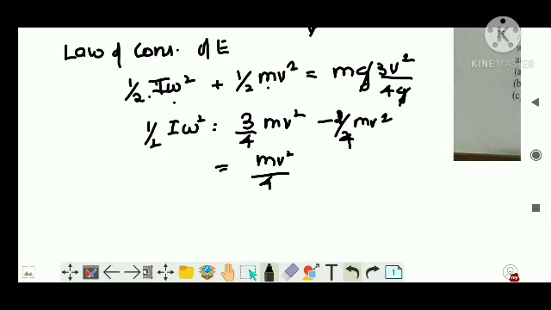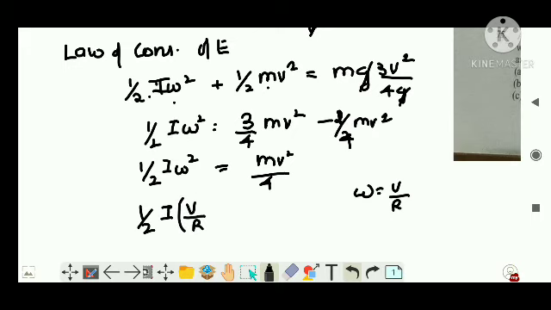So here in the LHS you are having half I omega squared. I hope you remember omega is equal to v by r. So here I can write half I times v by r whole squared, or v squared by r squared, is equal to mv squared by 4.